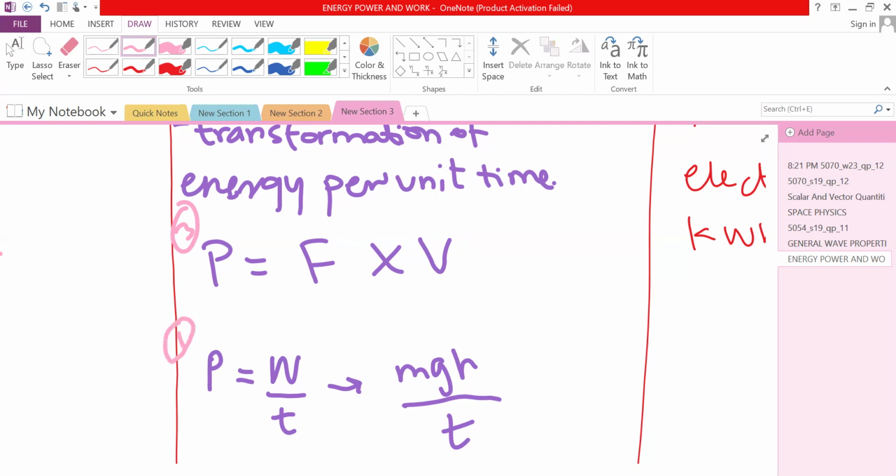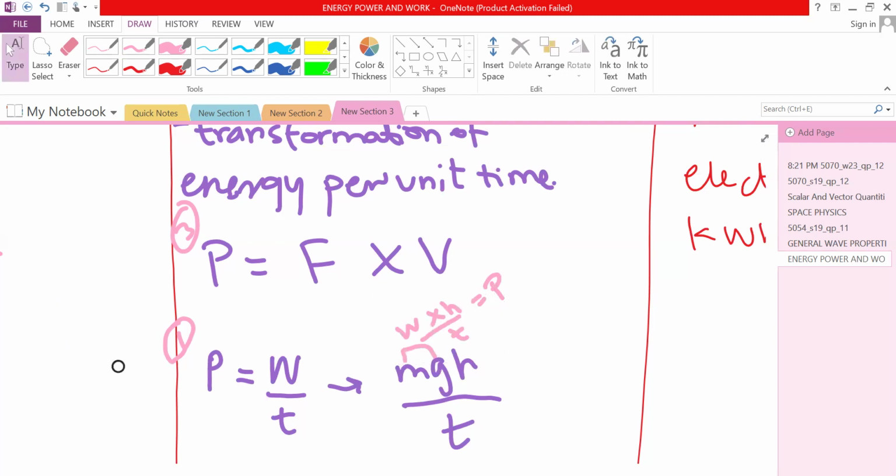Now, in the question, mass and gravitational field or directly weight and height would be given, and they are asking you to find the power and the time is given. Instead of mass and gravitational field, you can put weight into height divided by time to find power. So you have to remember this formula too.